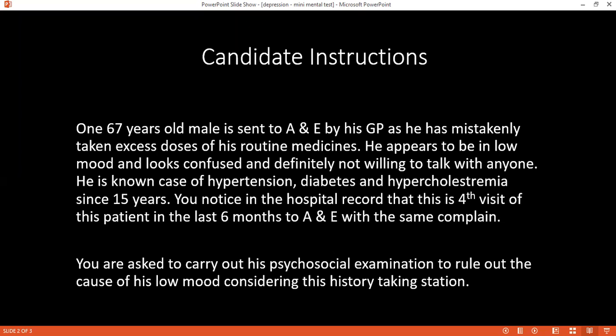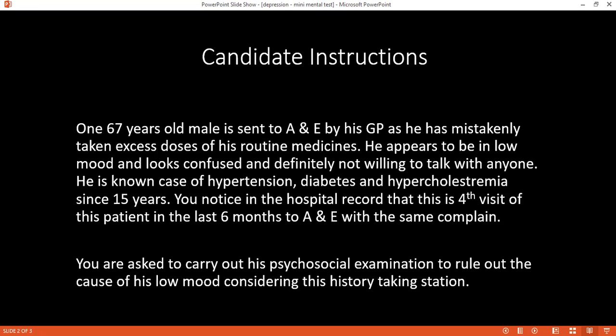Even in the past he had multiple admissions. So he is most probably suffering from depression. The most probable diagnosis will be depression.